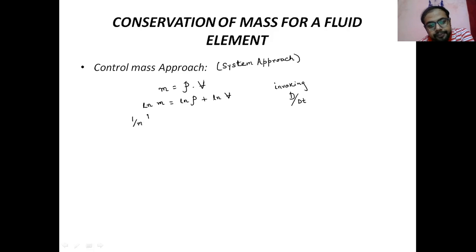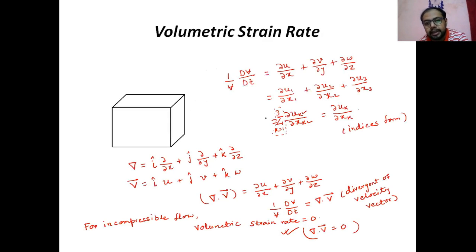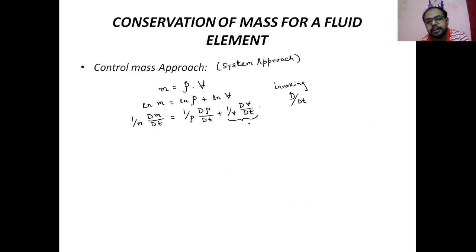So 1 by m dm by dt equals 1 by rho d rho by dt plus 1 by V dV by dt. Now hope you can understand this last term is the volumetric strain rate, as defined here.